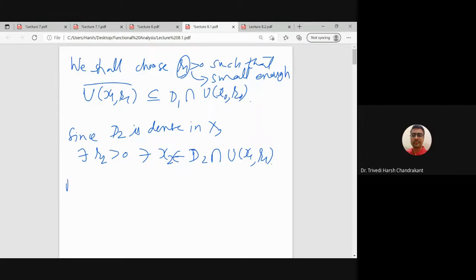Proceeding in this way, we get the points X1, X2, X3, Xn.